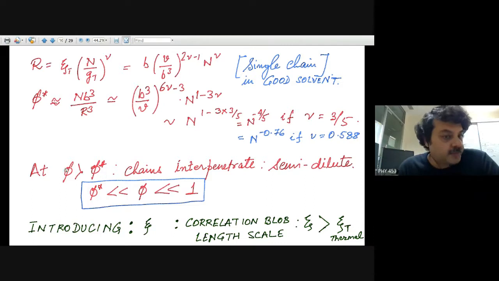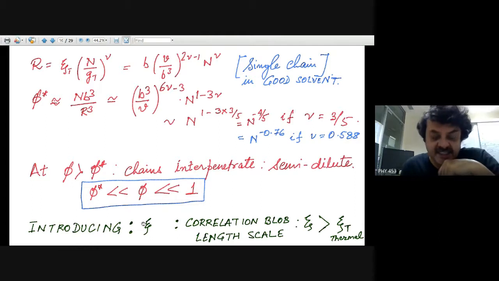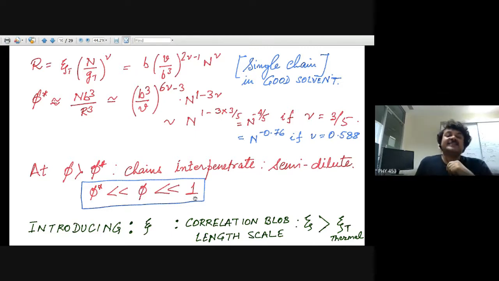But when the monomer concentration is greater than phi star, chains start interpenetrating, and then you call it a semi-dilute polymer solution. Just to remind you that even when the monomer volume fraction has become greater than phi star, it's still much less than 1, which is close to a melt case.